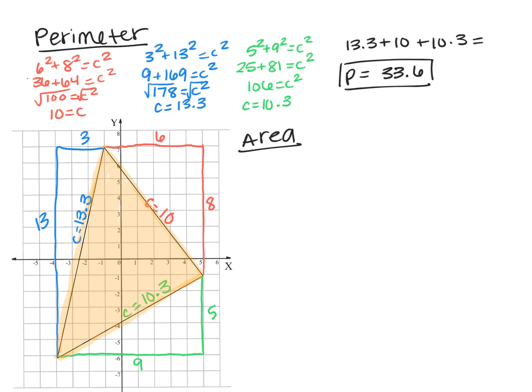And again, we're going to find the total area by using the area formula for a rectangle, which is just length times width, which is going to be 9 times 13, or 117.